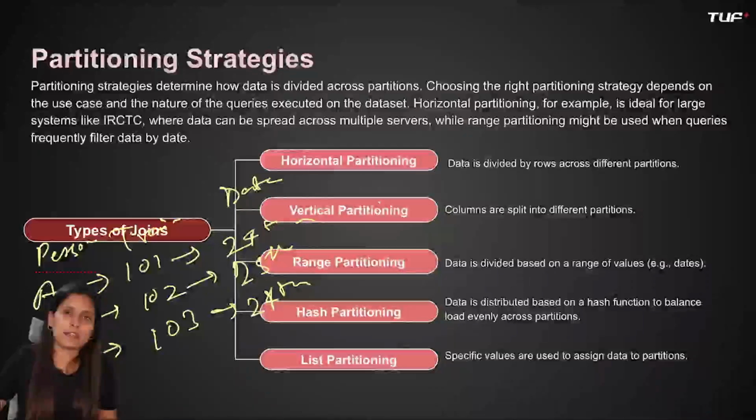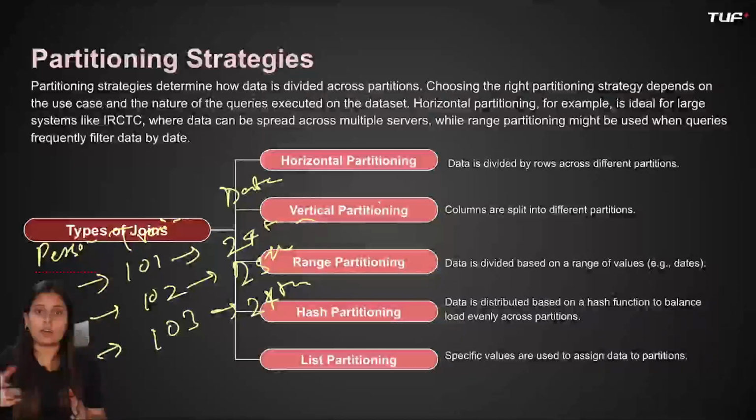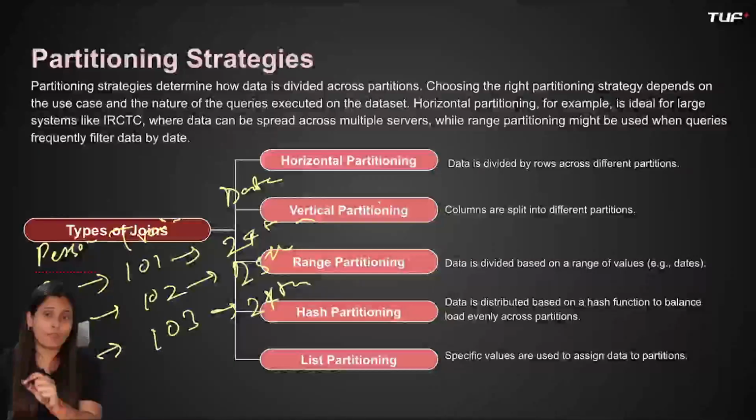On some categories, like the facilities they provide in the train, whether AC bogies are there or not, or sleeper or general seater. On that basis, we classify into the general train or the premium train. So this is basically list partitioning, where we save the data on the basis of some predefined values, right?